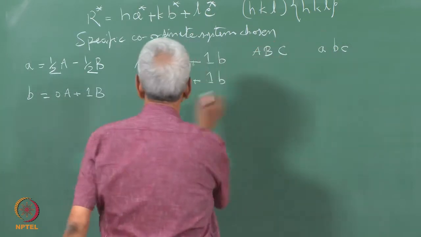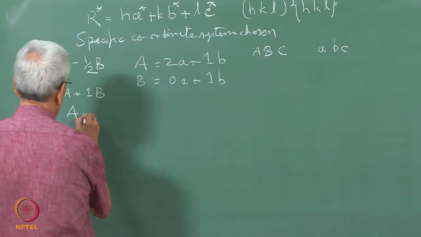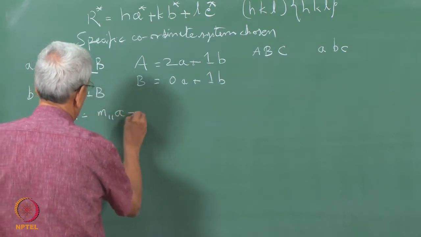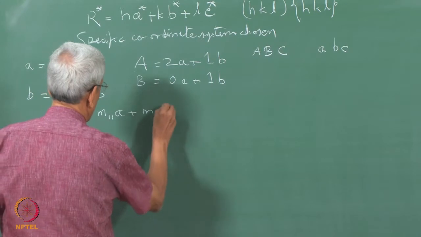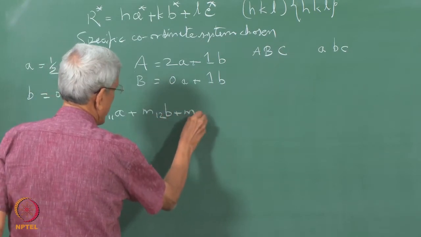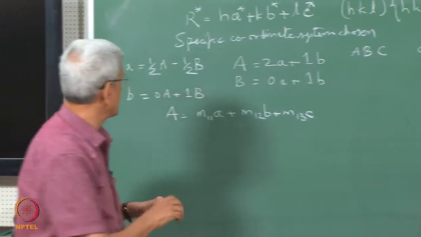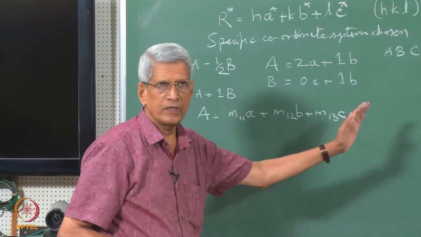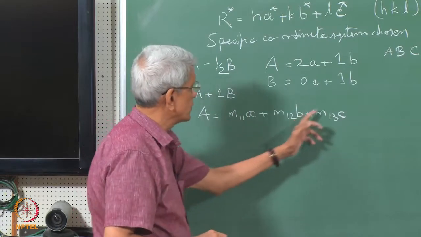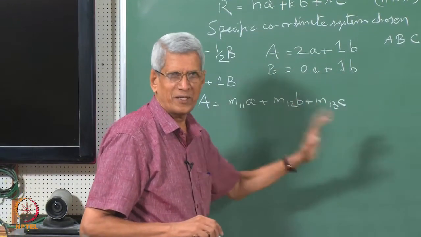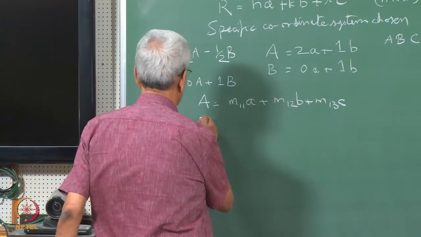Then this can be written as, I am just writing it in terms of M1, M, these are all the coefficients. Okay. I am writing it so that it can be written in a matrix notation, that is all.